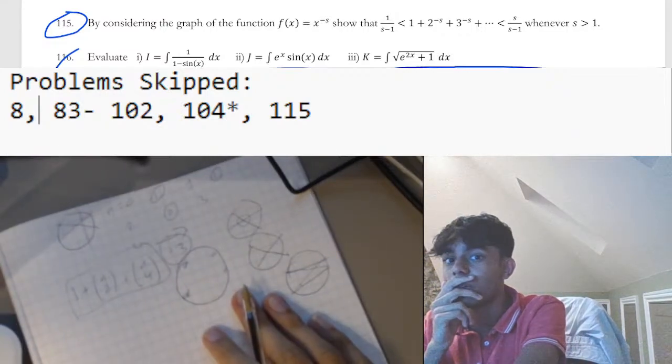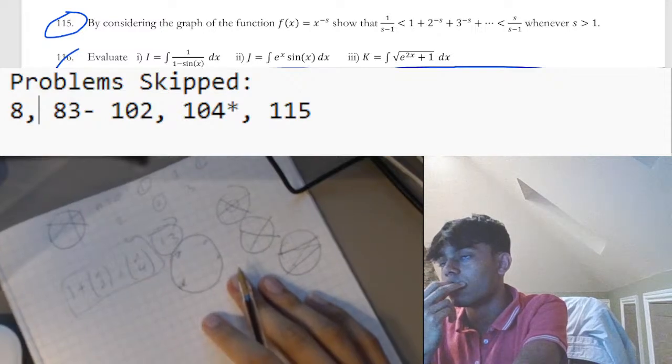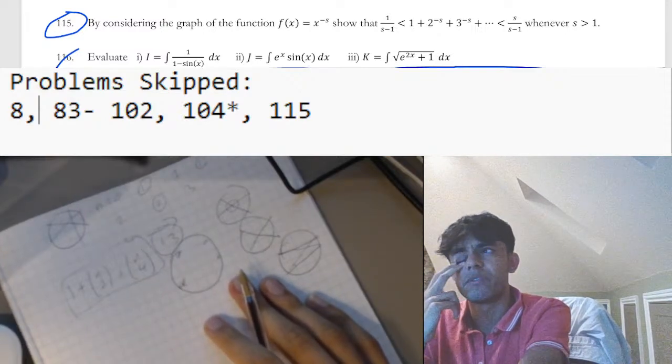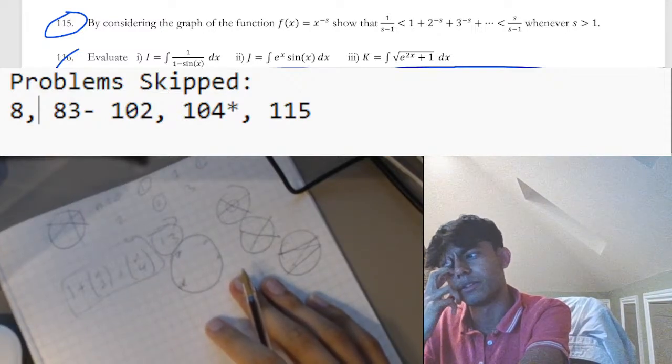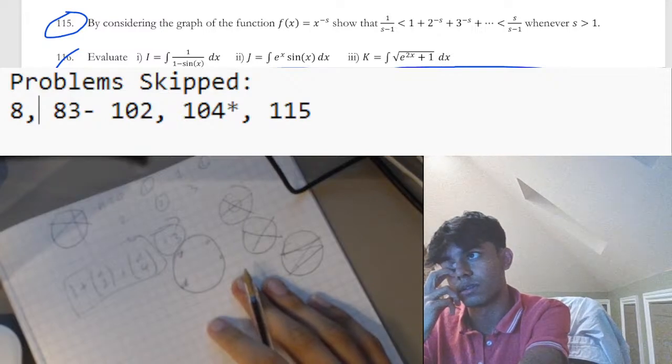Considering this graph, prove this thing. Well, it's the infinite sum again, so you can bound it by the integral.